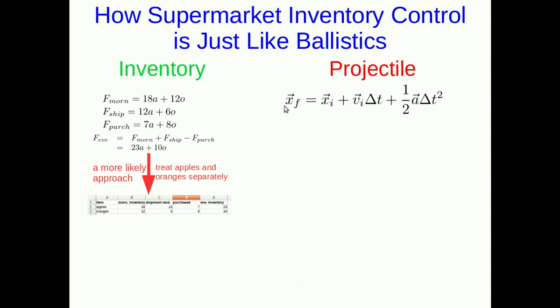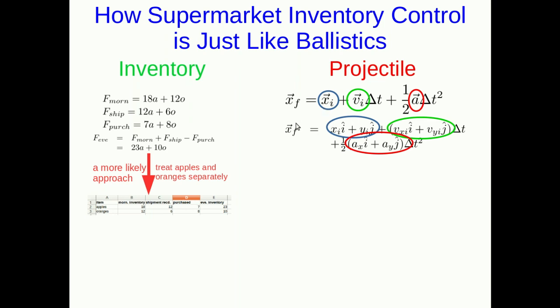We could just write a UAM equation like this, right? So here's our second UAM equation, but I've written it all in terms of vectors. And so what we're thinking of here is that xi can be thought of as a vector like so, and vi can be thought of as a vector with its x component and its y component, and a can be thought of as a vector with its x component and y component.